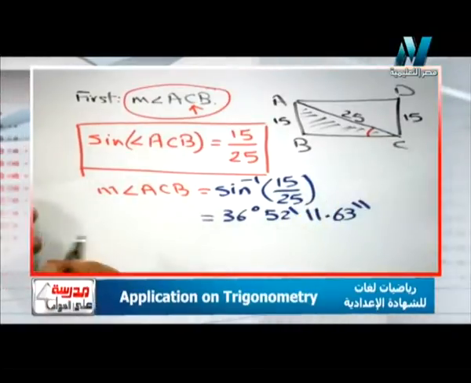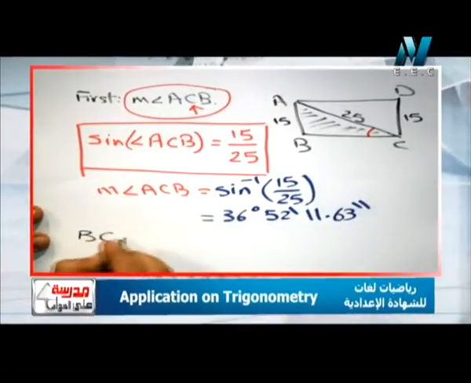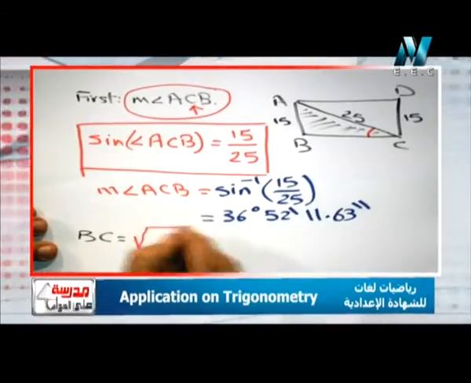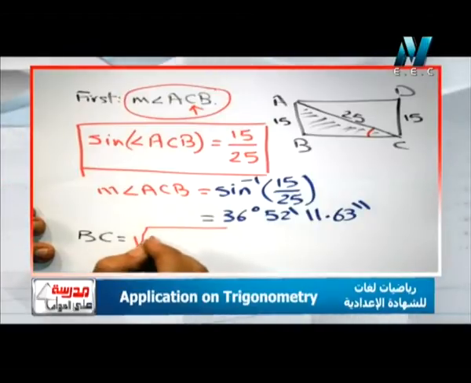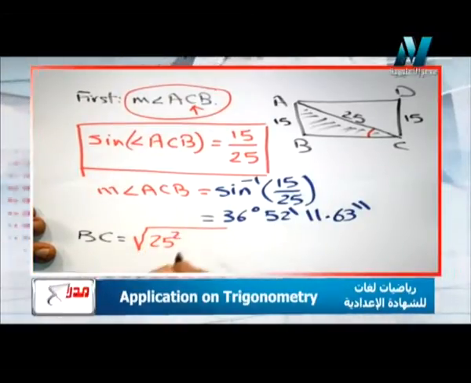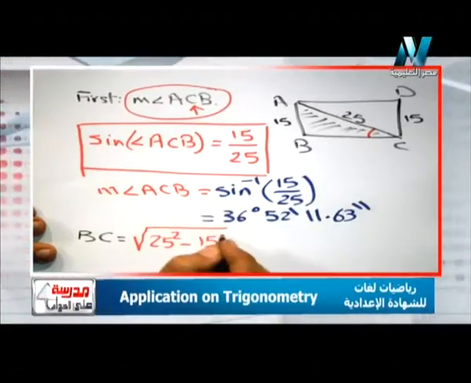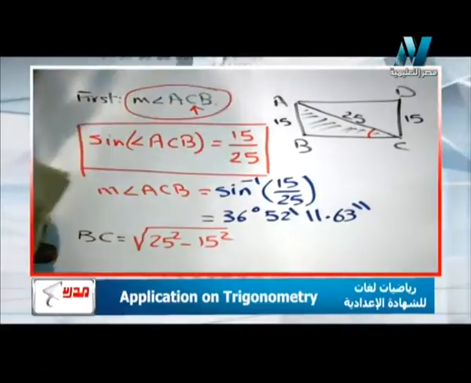So BC equals the square root of 25 to the power of 2, which is the hypotenuse squared, minus the length of the other side, which is 15 to the power of 2. When I want to use something like this, I use my calculator: square root of 25 to the power of 2 minus 15 to the power of 2, and the answer will be 20 centimeters.